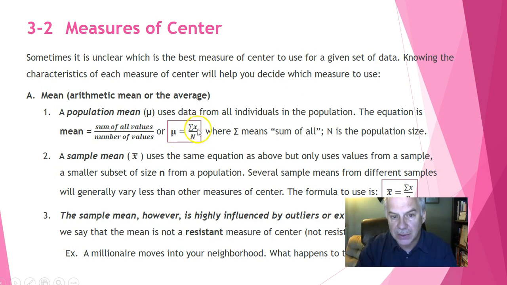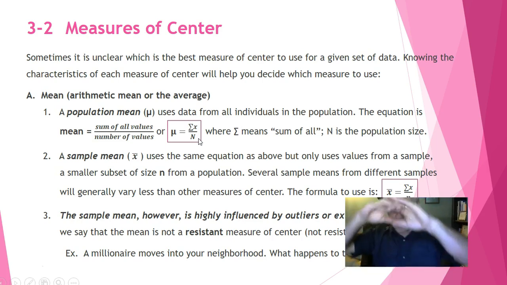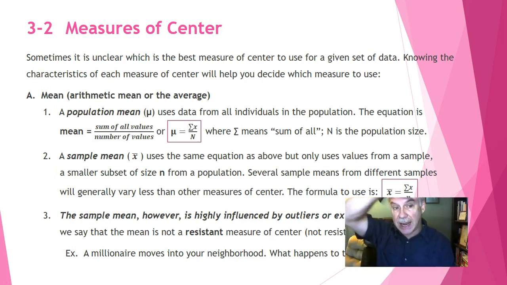It's equal to the sum of all the x's, so that symbol there means sum of all. So we're adding up all the values and then dividing by how many there are in the population. You have to know all the values in the population, add them all up, and divide by how many there are. That's just the average. That's what we know average is, adding them all up and dividing by how many you have.